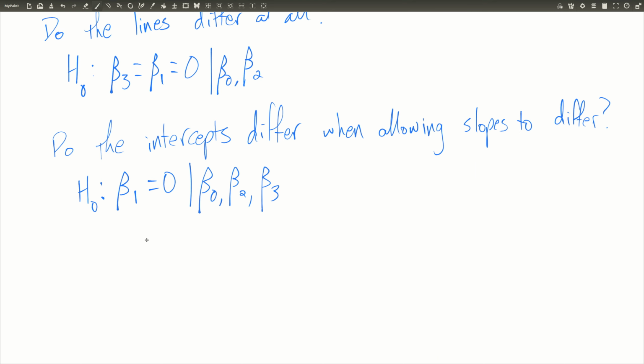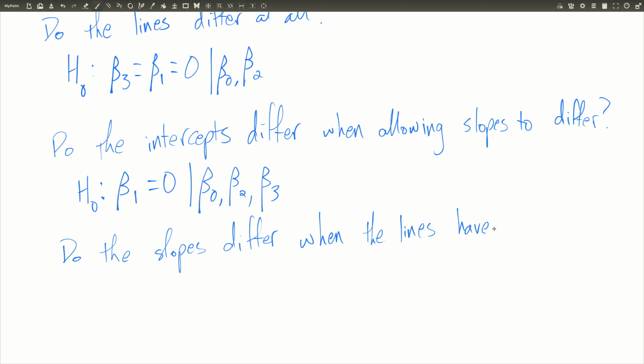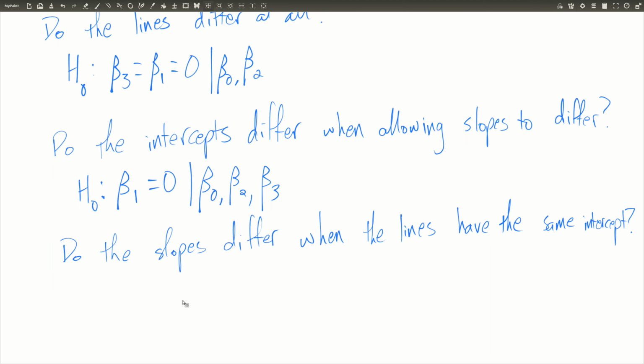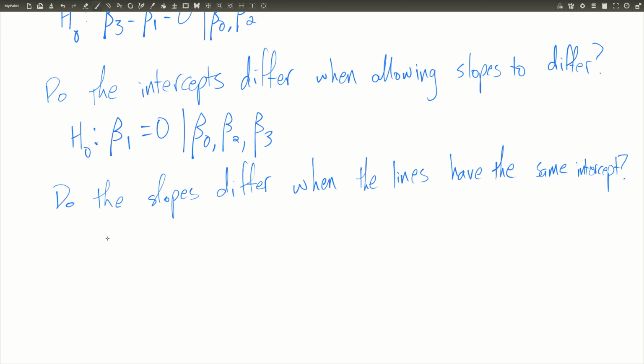Or we might ask the question, do the slopes differ when the lines have the same intercept? So here we're not allowing the intercepts to differ.